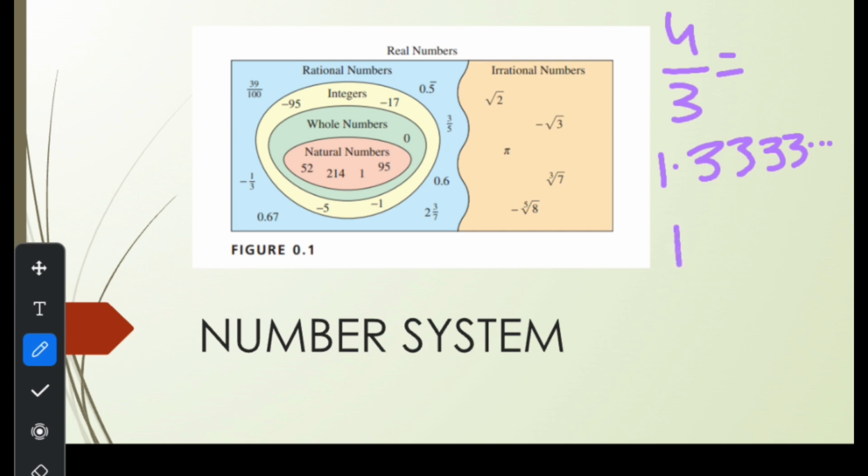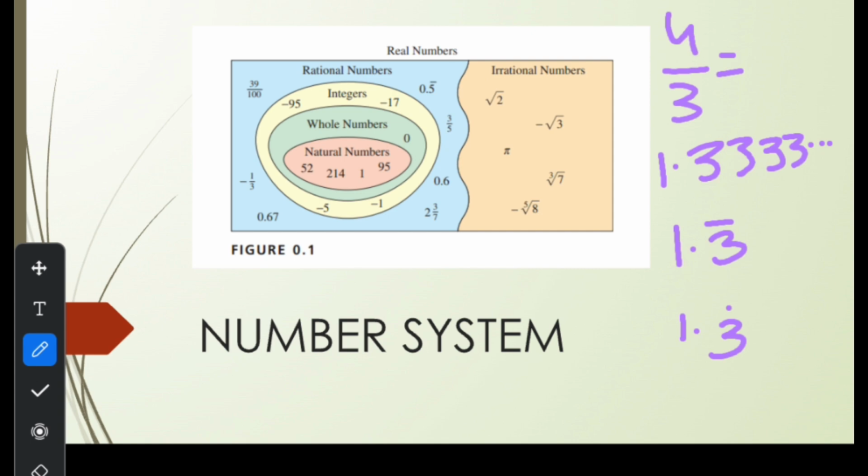I can write it as 1.3 and over the 3 I can put this little bar, or I can write it as 1.3 with a dot over the 3. That indicates that this is a non-terminating decimal number, and since the same number is being repeated many times, it again comes under the category of rational numbers.